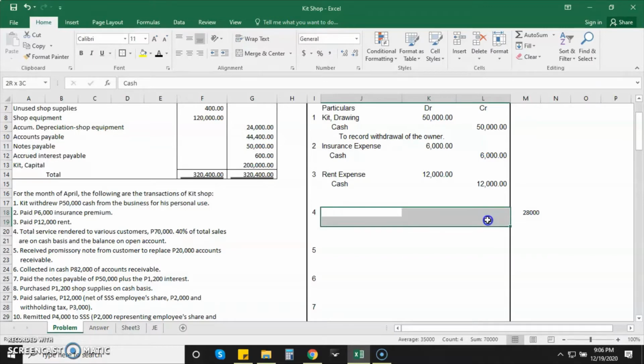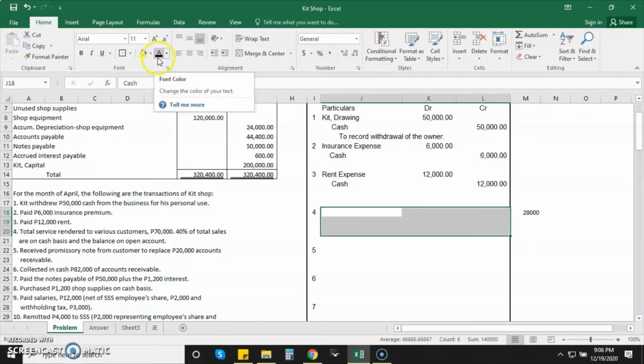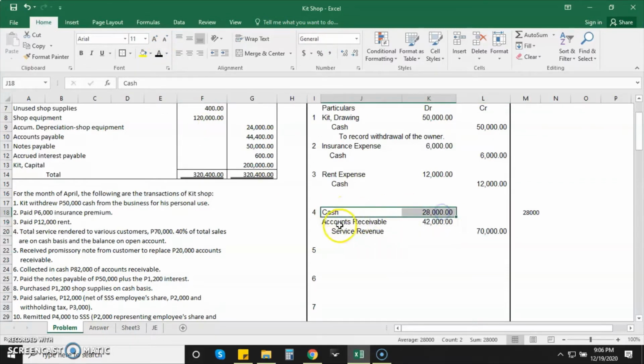There is an increase in accounts receivable, the remainder. And then revenue of 70,000. Of your 70,000 revenue, only 28,000 was paid by the customer. So the 42,000 you are yet to receive. That's why it is called accounts receivable.